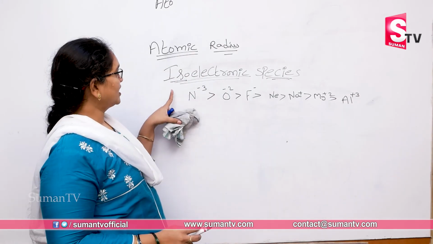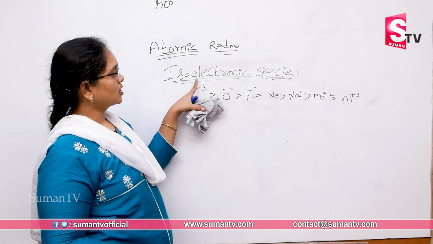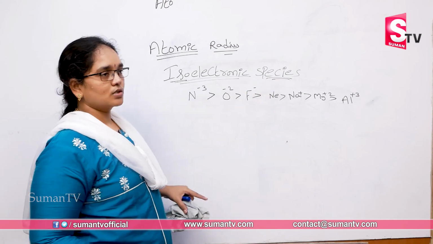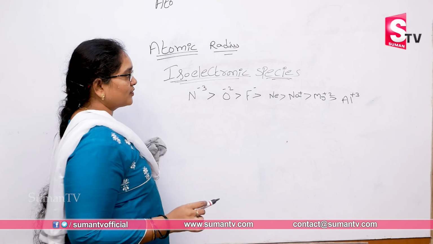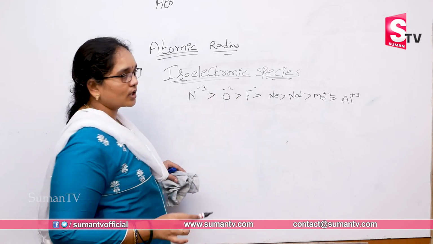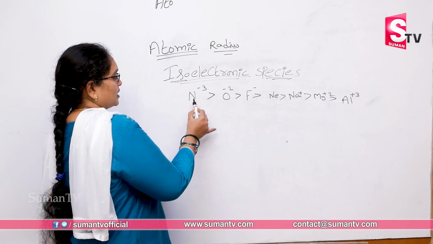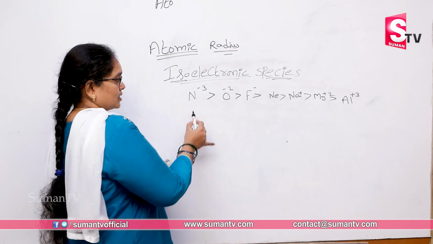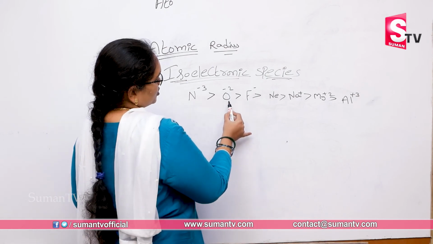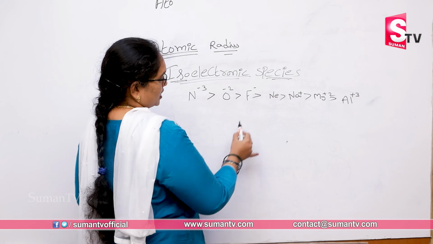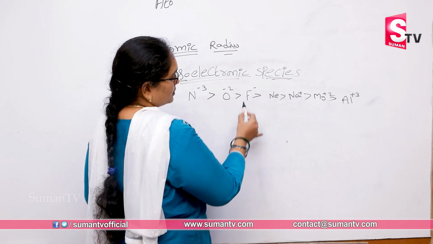What is meant by isoelectronic? Iso means same, electronic means electrons, species means atoms or ions. So atoms or ions having the same number of electrons are called isoelectronic species. Nitrogen, atomic number 7, gains 3 electrons, total 10. Oxygen, 8 plus 2, 10. Fluorine, 9 plus 1, 10.